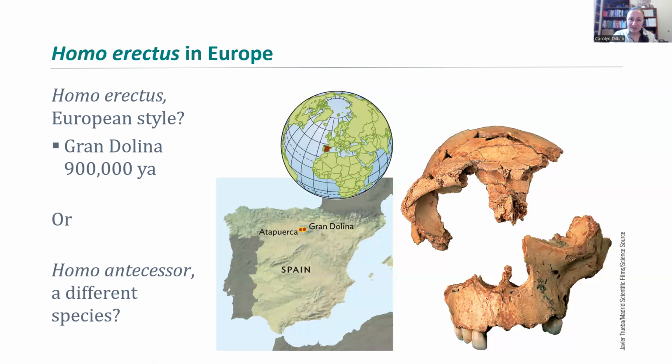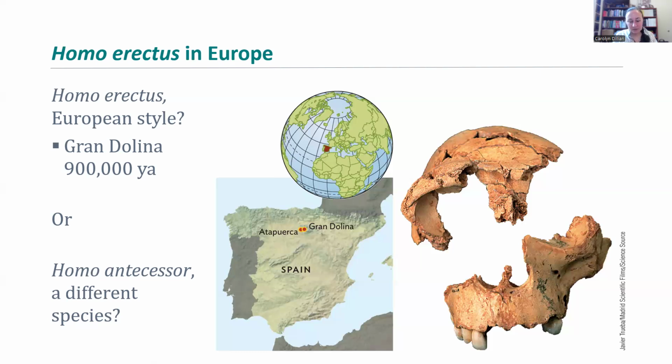The European fossils begin to look a little bit more like Neanderthals, like some of the other species that come later in Europe. And it appears as though Homo erectus migrated into Europe and became somewhat isolated from the rest of the Homo erectus population. And this isolation led to some anatomical differences that eventually resulted in the group we call Neanderthals.